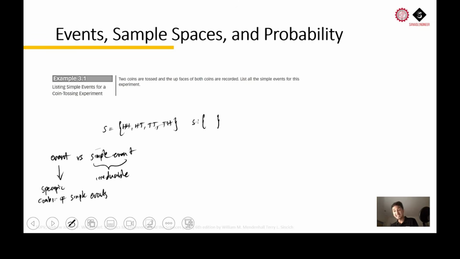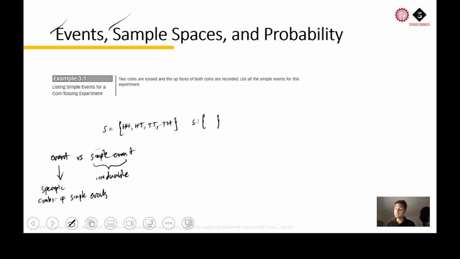So for example, you have a certain criteria and ask what is the event of observing or measuring at least one tail or at least one head. So that's a combination of simple events now. Okay, so we have defined the event, we have defined the simple event.